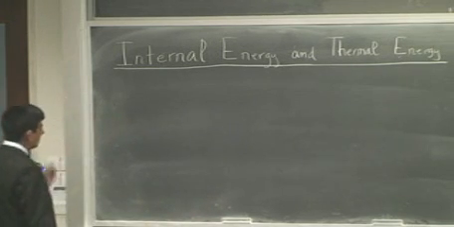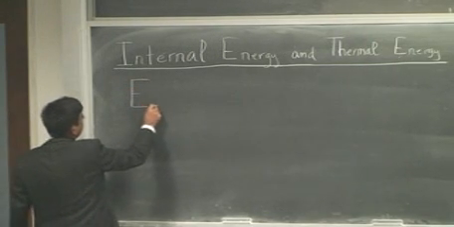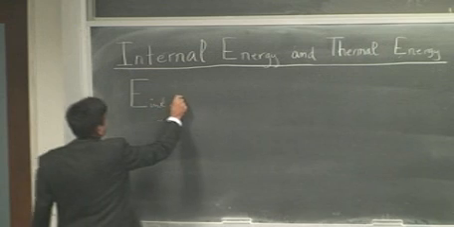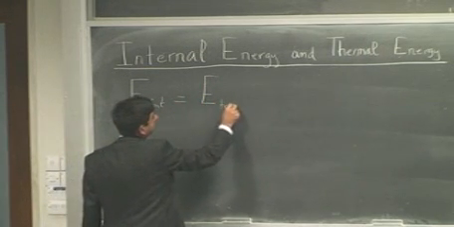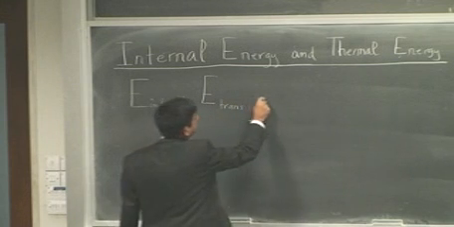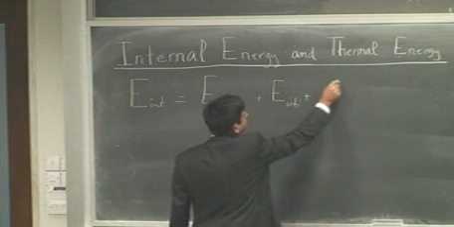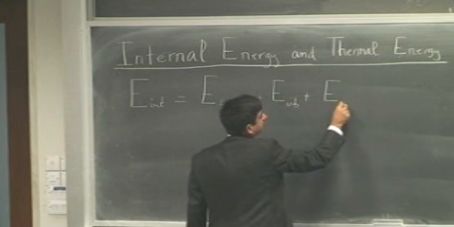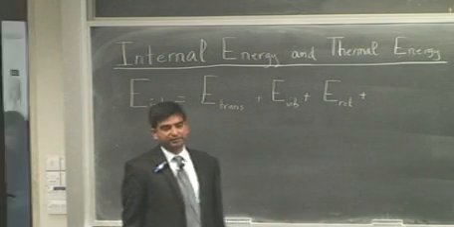And we also mentioned the other day that this internal energy could have different categories. For example, you could have a translational component, a vibrational component, a rotational component, and you could have other components as well.